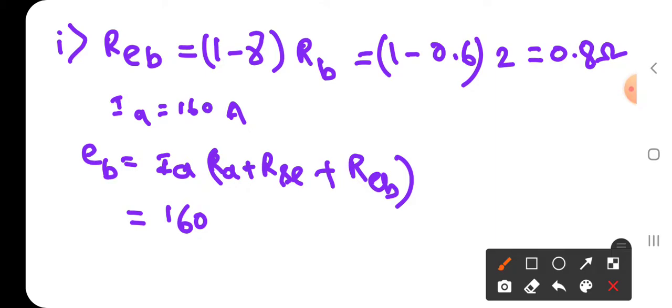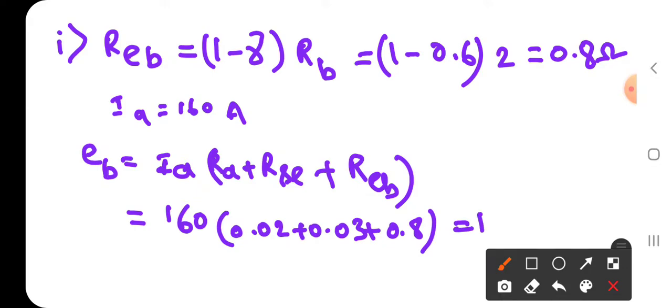And Ra is 0.02 plus 0.03 plus 0.8. It is approximately 136 volts.